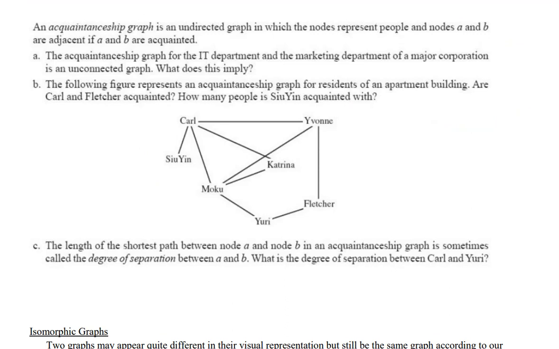So in this example here, we have an acquaintanceship graph, which is an undirected graph in which the nodes represent people and nodes A and B are adjacent if A and B are acquainted. So for example, Carl and Ivan are acquainted. The acquaintanceship graph for the IT department and the marketing department of a major corporation is an unconnected graph.